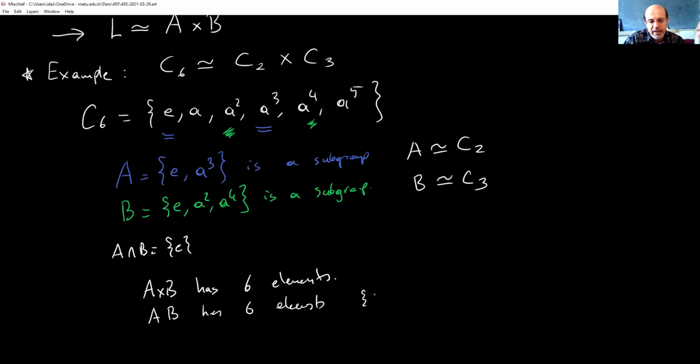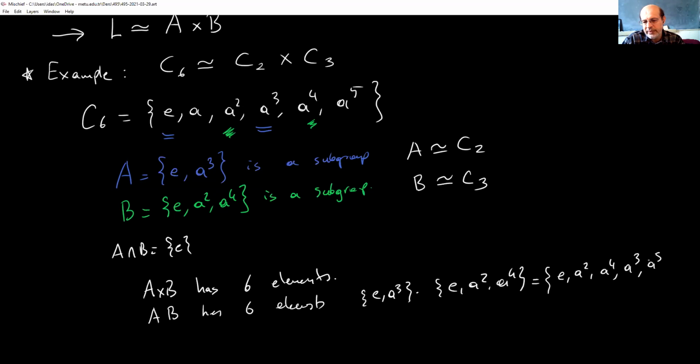So identity, A cube multiplied with identity, A squared, A to the 4. If I multiply with identity first, then I'm going to get these elements, A to the 4. And if I multiply with A cube, then I'm going to get A cube, A to the 5.